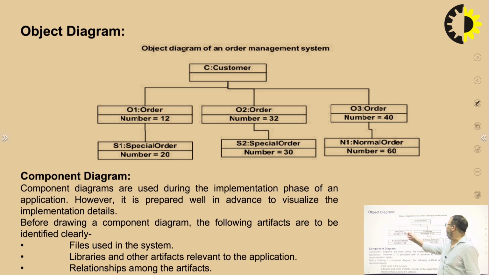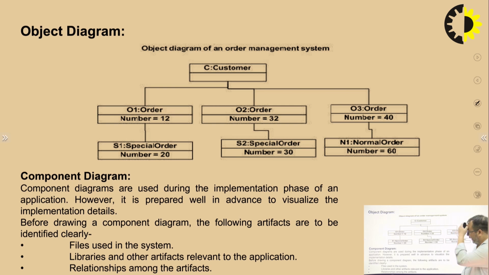Like O1, O2, O3, these all belong to which class? The order class. Similarly, S1, S2 and N1 belong to the special order and normal order classes. So, an object diagram is also represented by a rectangle, where the first part is the instance, that is, the name of the object colon the name of the class.